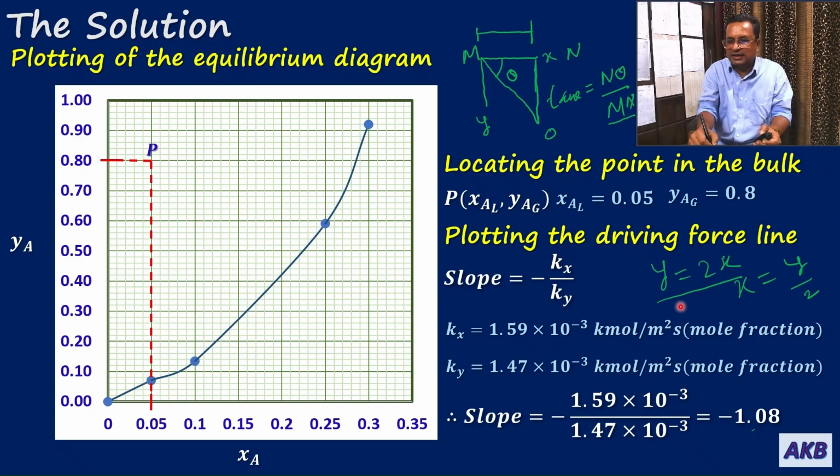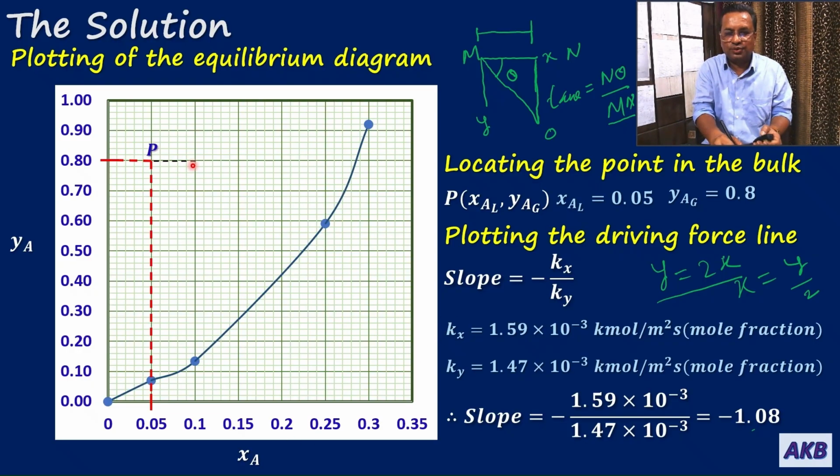Why half of the slope? Because the scales on the x-axis and y-axis are related by this relation, y is equal to 2x, so that is x is y upon 2. So on the y-axis, in the vertical direction, we have to travel a distance that is half of the slope. If we do that, we are going to get the line of the desired slope. So let us do that.